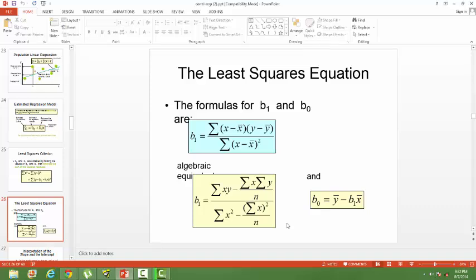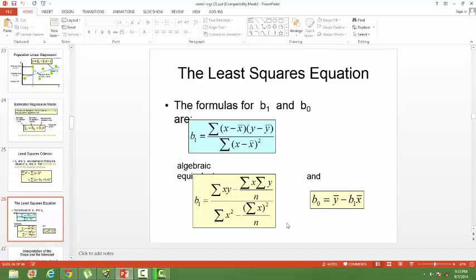If your x is 2, what is going to be your y? Your y is going to be 0.2 plus 0.8 times 2. So in place of x you put 2, right? So 1.6 plus 0.2, that's 1.8. So your y value is 1.8.